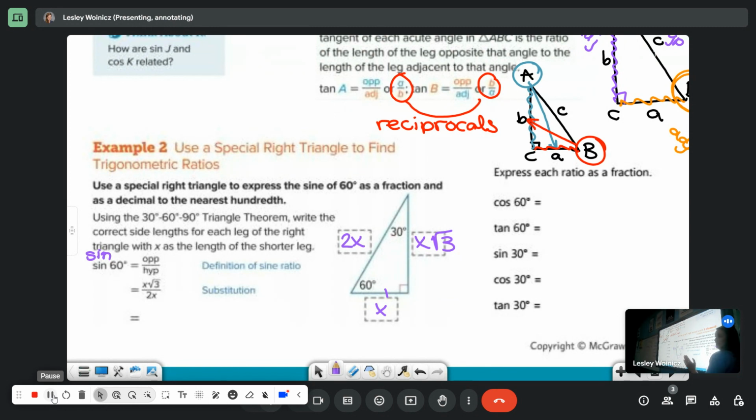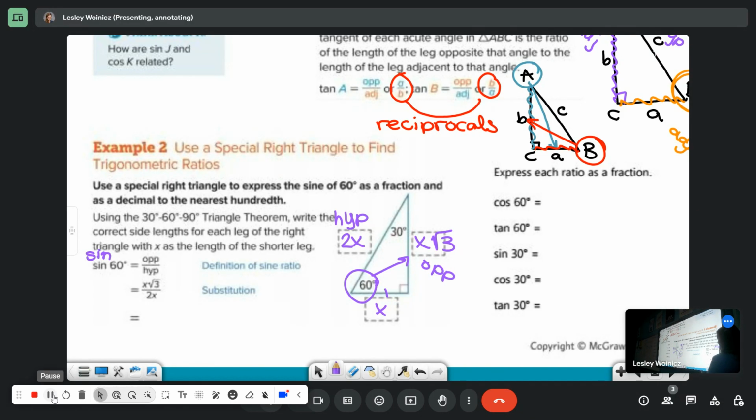We are going to find that we will have the same ratios with the sides regardless of what the x is. So if I'm taking the sine of 60, I'm interested in the 60-degree angle. The opposite is x root 3. The hypotenuse is 2x. So it's x root 3 over 2x.